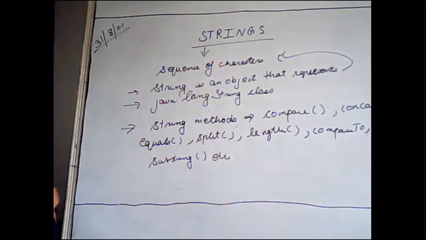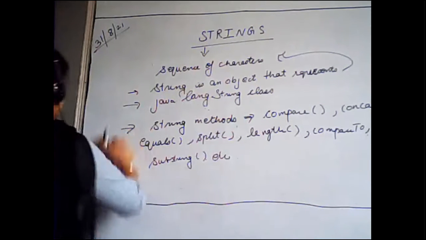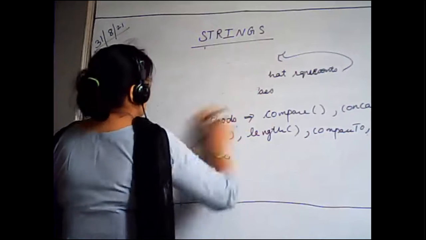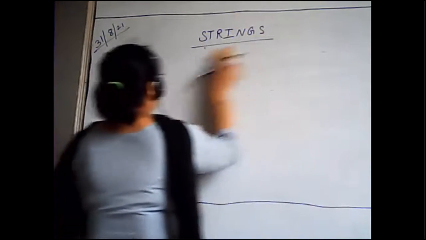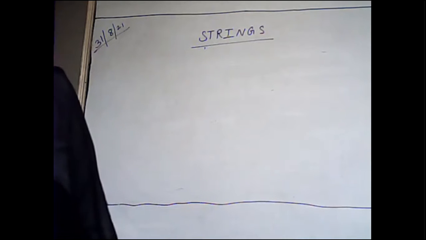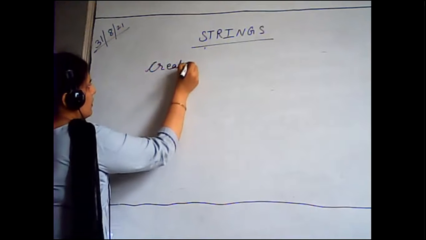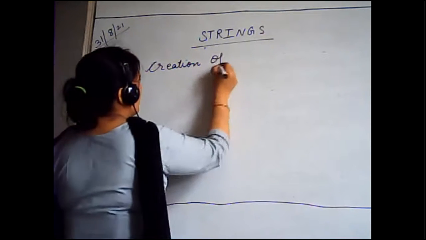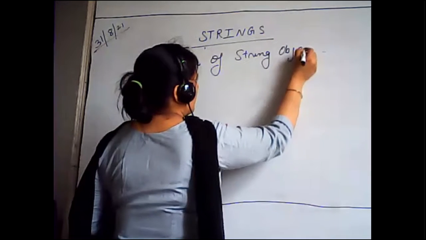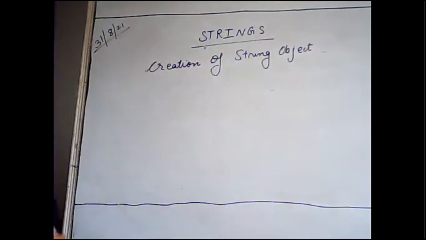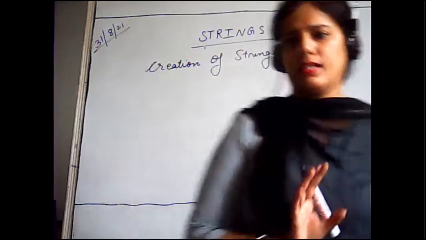Next is how we can create a string object. Now the second thing that we will be discussing here is the creation of string objects in Java.